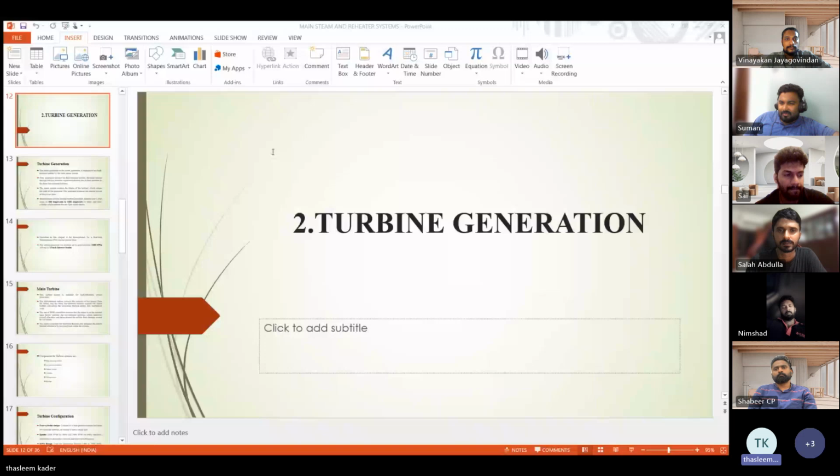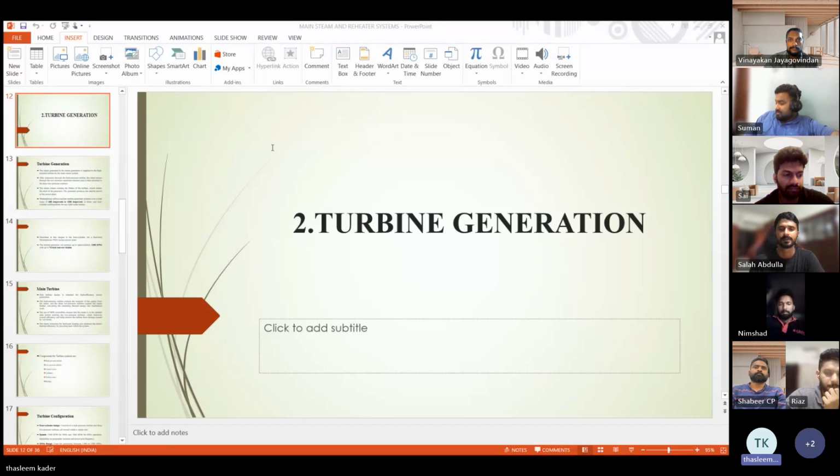The first system to handle such accidents is the turbine overspeed protection system, that means TOPS. What is the primary action of the turbine overspeed protection system?